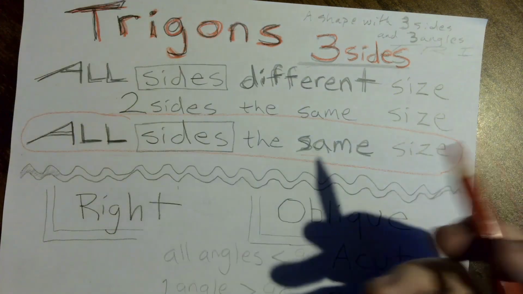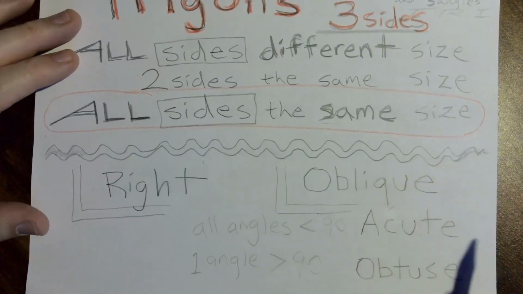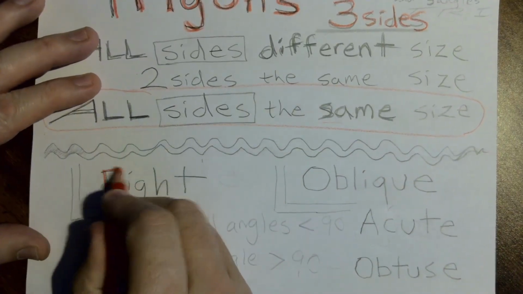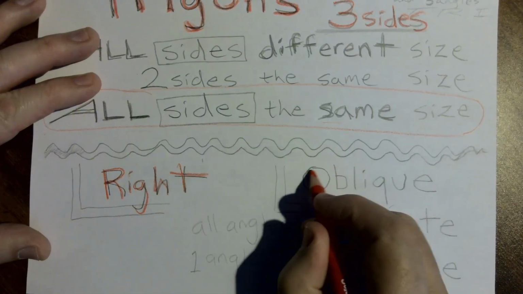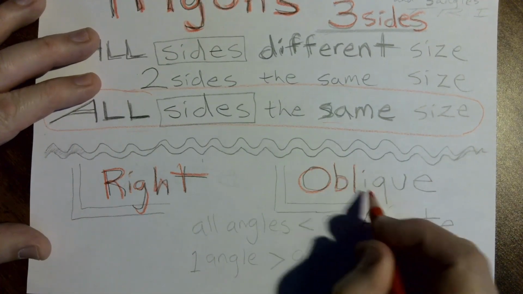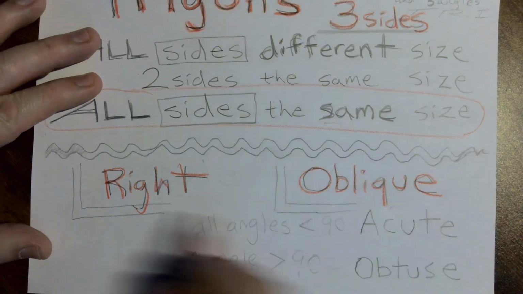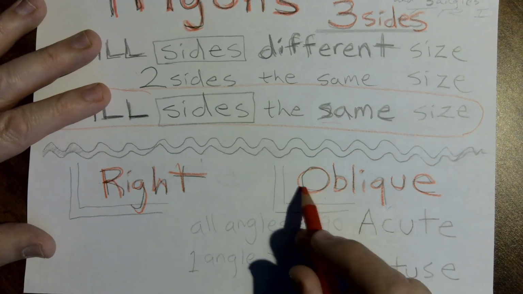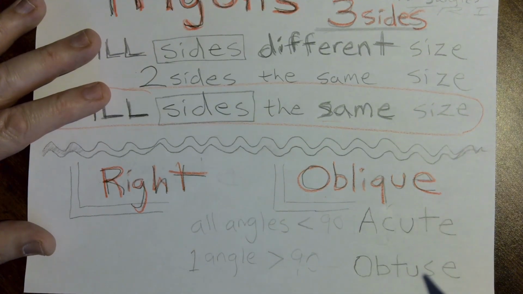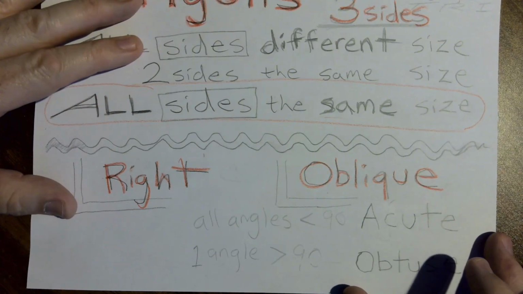If we're talking about the angles of trigons, then we say a trigon is either a right trigon. It's either right or it's not. If it's not, we say it's oblique. It's a right trigon or it's not a right trigon. And if it's not a right trigon, it's oblique. And if it's oblique, there's only two cases there.